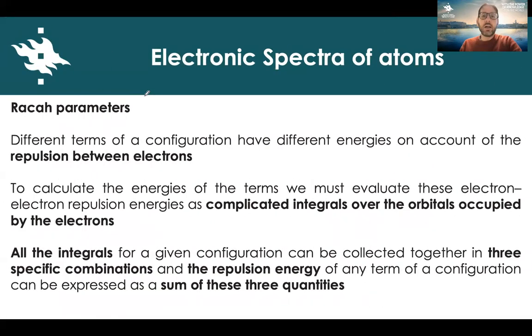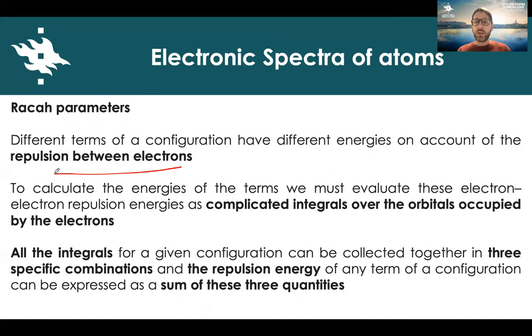And these different terms of a configuration have different energies because of the electron repulsions. And now, how can we understand these electron repulsions?